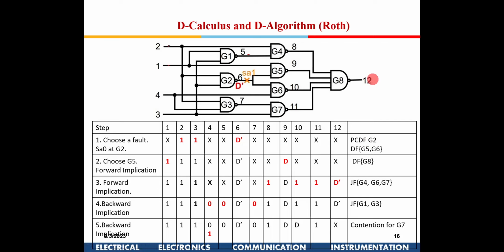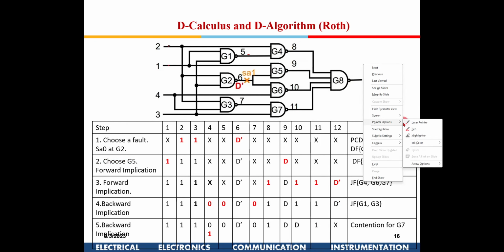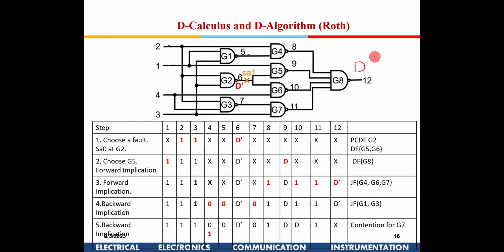So when we are moving out, ultimately I need to get D or D bar at the output. It doesn't matter. Here I am putting D bar. Even if I get a D at the output, it doesn't matter. What it means is, when I give the test vectors, if I am getting 1, it is okay, and if I am getting 0, it's a fault.